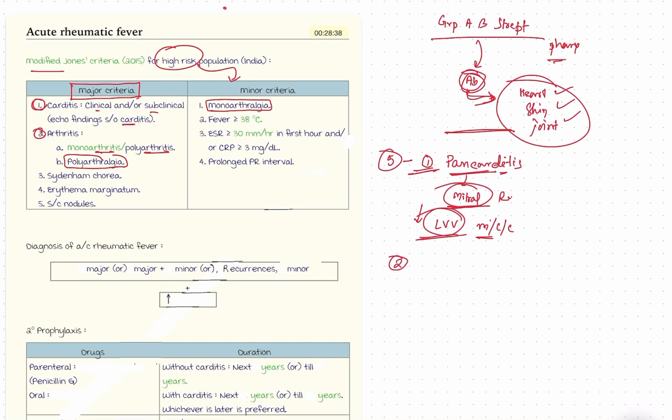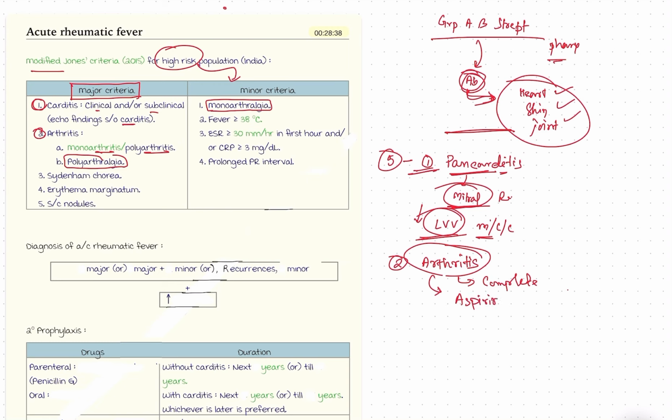Please remember, these arthritides are very much reversible, so complete recovery is possible, and they have a great response to aspirin, that is, to NSAIDs.